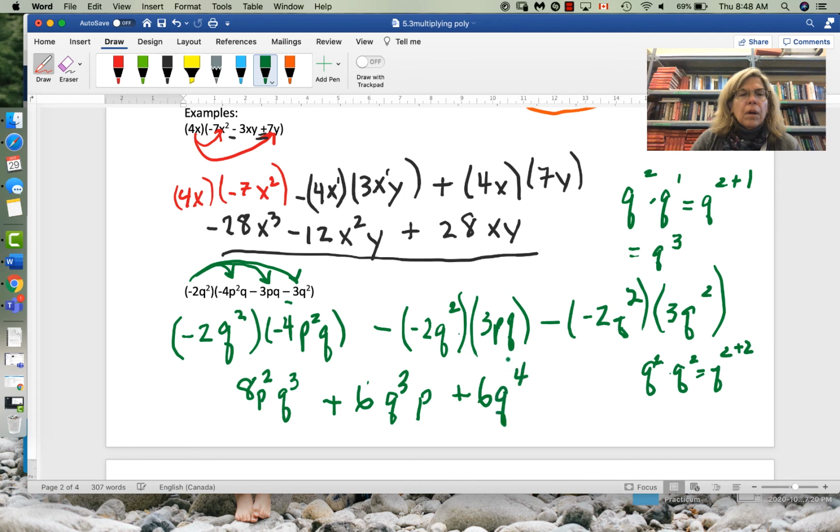Now again, we don't have any like terms here. It's p squared q cubed, but it's just a p, and q to the fourth. Now if I asked you the degree, what's the degree going to be? Well, the degree you figure out by adding the exponents. It's multivariable.